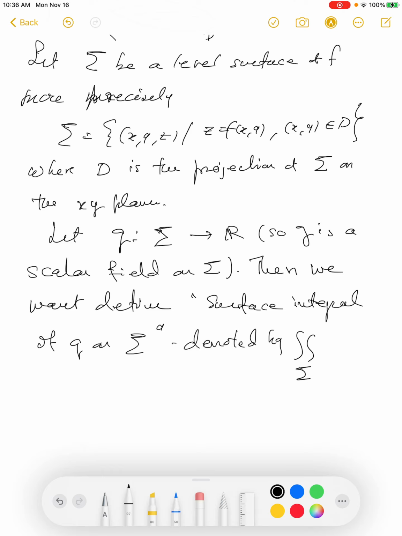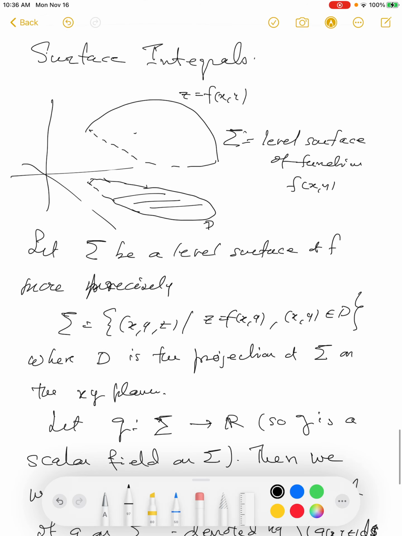So this is the double integral over sigma of g of x, y, z dS. Here S stands for the surface; I could put A here also, but S is more conventional. So g is a function which takes values from sigma to R, and now I want to integrate this function on this cap.